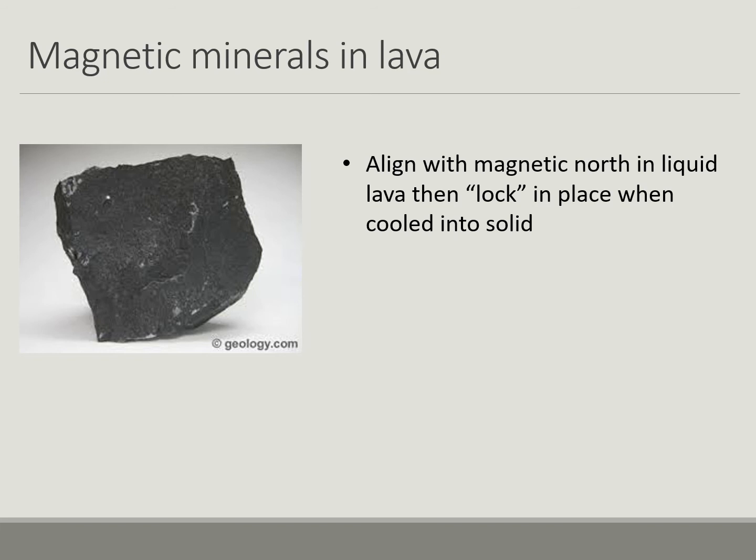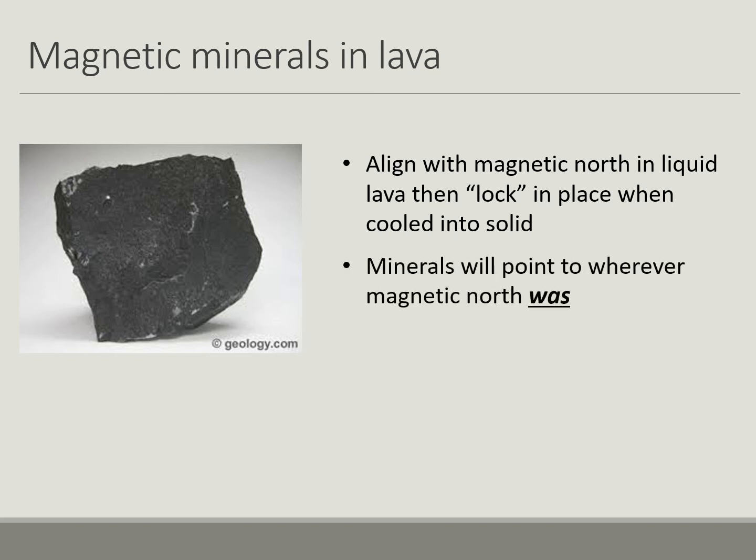And when the lava cools, those minerals are locked in place. So even if the magnetic field of the Earth flips, right, it will not affect the alignment of the magnetic minerals in the lava. That's right. So minerals will point to wherever magnetic quote unquote north was.